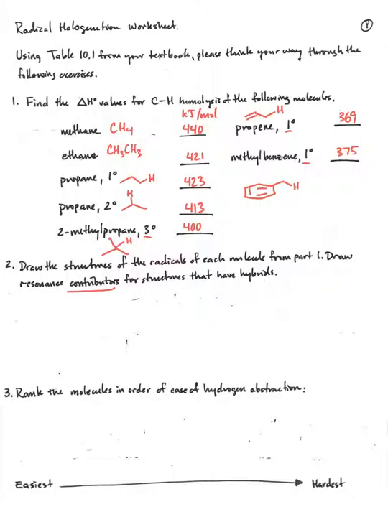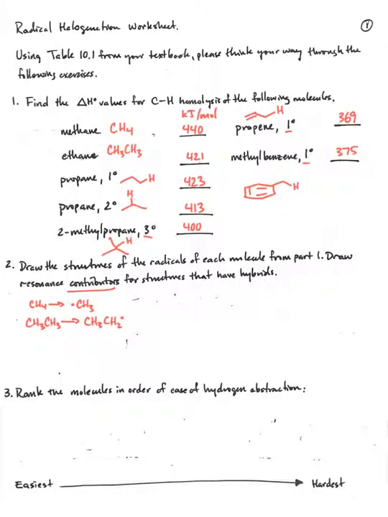So if we're looking at CH4 forming a radical, this would form the CH3 methyl radical. So ethane would form the ethyl radical. Keep in mind, I'm drawing these a little bit different each time just to show you how radicals can be represented.